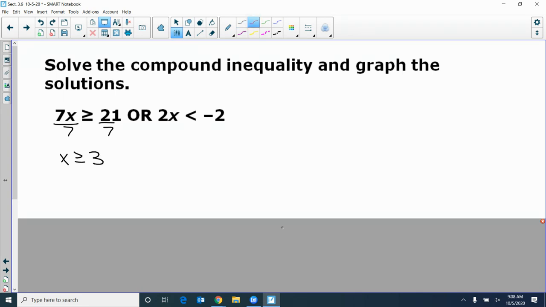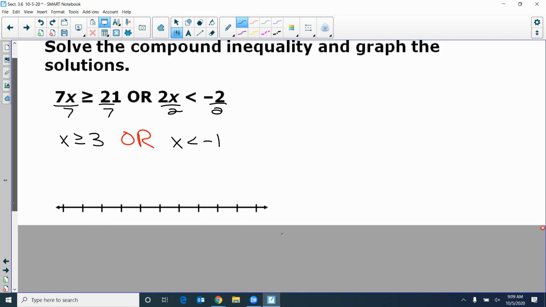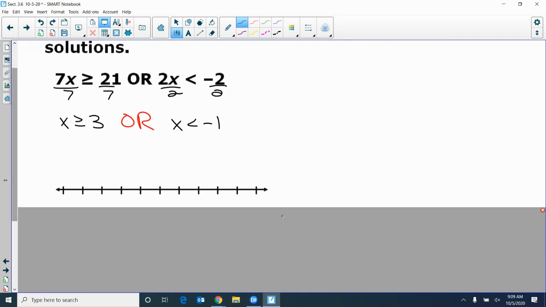Or divide by 2 on the other one, and I get x is less than -1. Okay, let me see here. I got -3, -2, -1, 0, 1, 2, and 3.